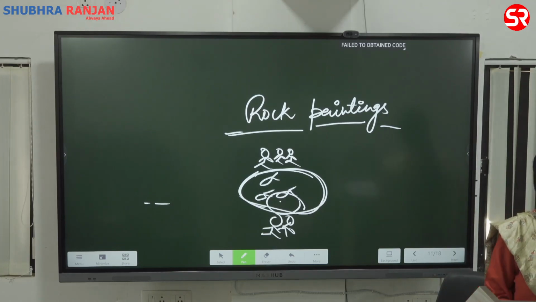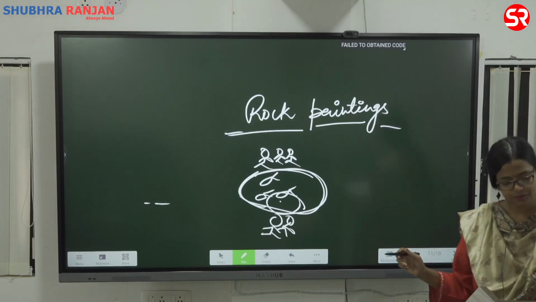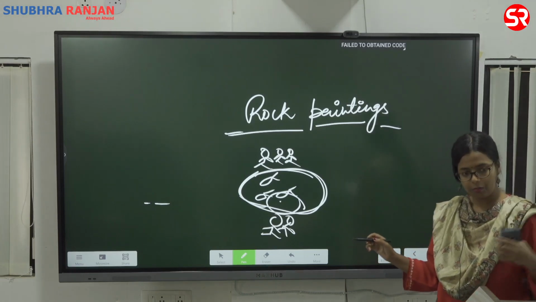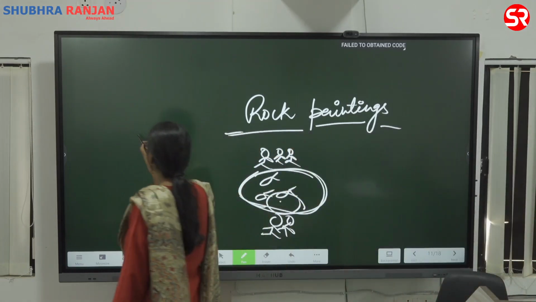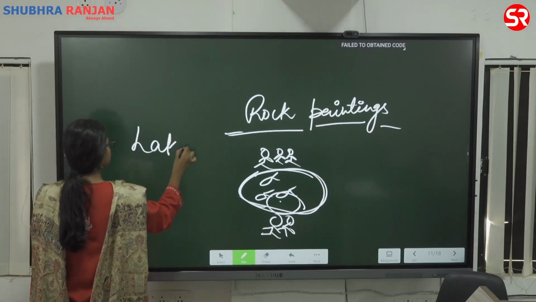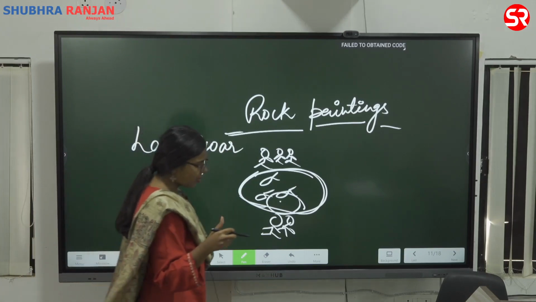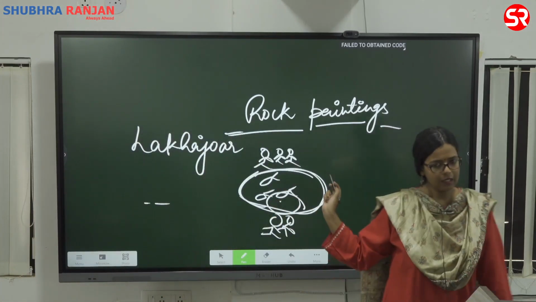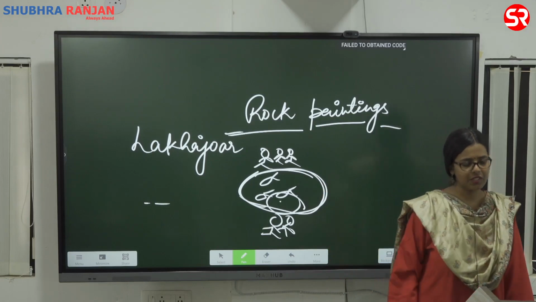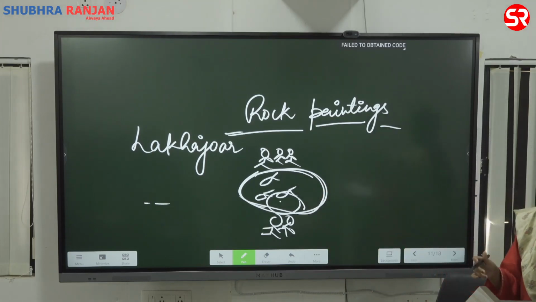Okay, so write sites. Mirzapur, where is it located? Present day Uttar Pradesh. Bhimbetka, Pachmarhi. There is another site named Lakhudiyar, that is in Uttarakhand. Bhimbetka and Pachmarhi are in Madhya Pradesh.